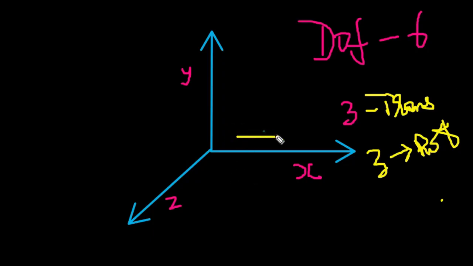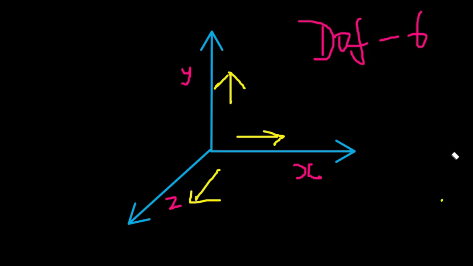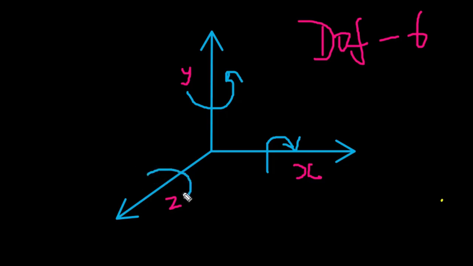First 3 are translation along x and y and z, and the second 3 are rotation: rotated about x, rotated about y, rotated about z.